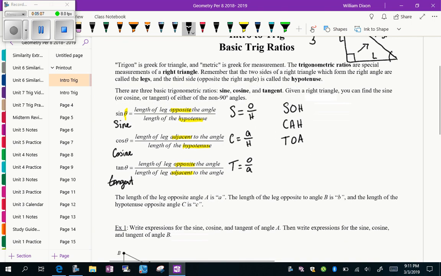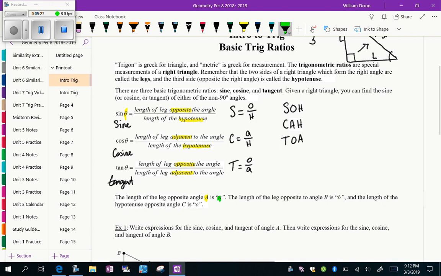Now something important. It says the length of the leg opposite angle A. I just want to stress this: angle A is capital A, and that would be our side, small a.